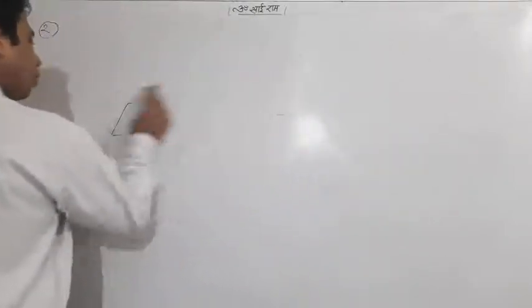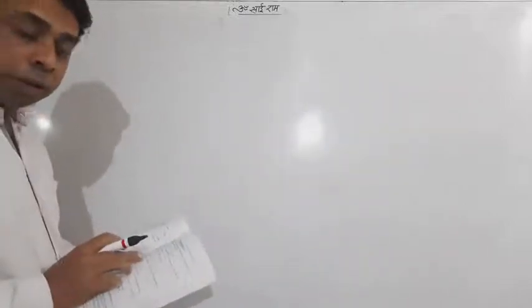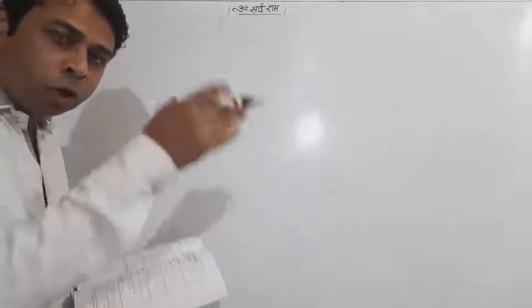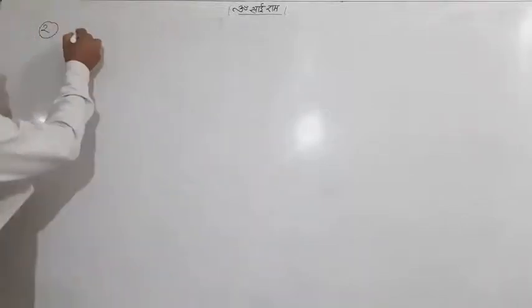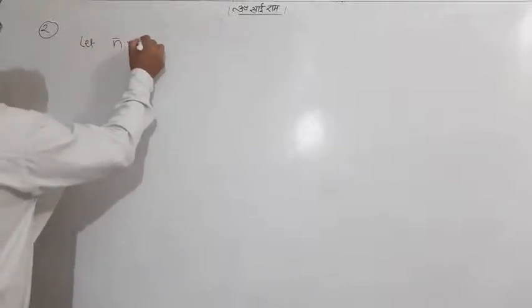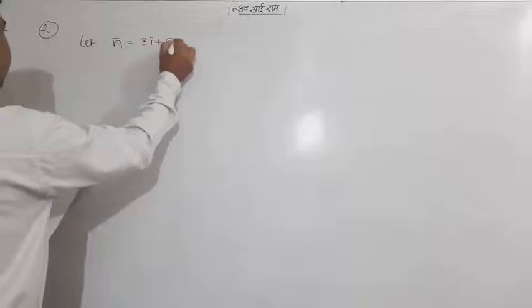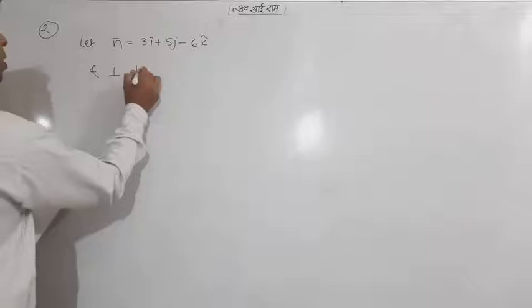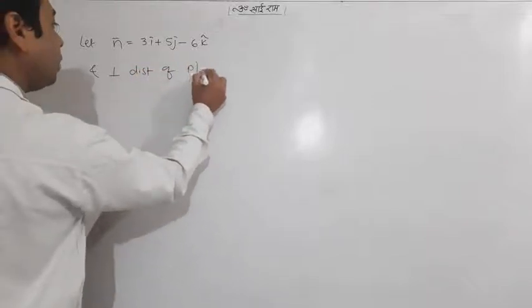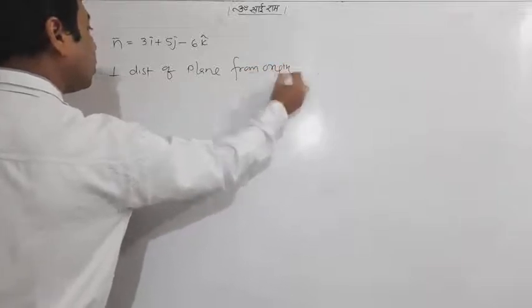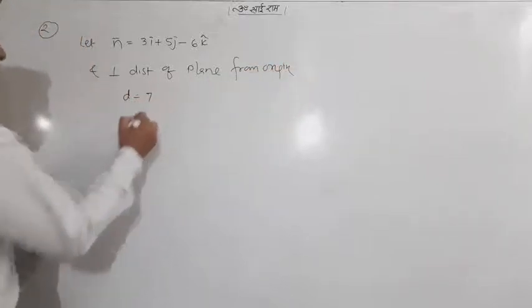Now let me take question number 2, where the normal vector 3i plus 5j minus 6k is normally taken as n. So I'll write here the normal vector n equal to 3i plus 5j minus 6k, and the perpendicular distance of the plane from the origin point, that is d, is equal to 7, as given.